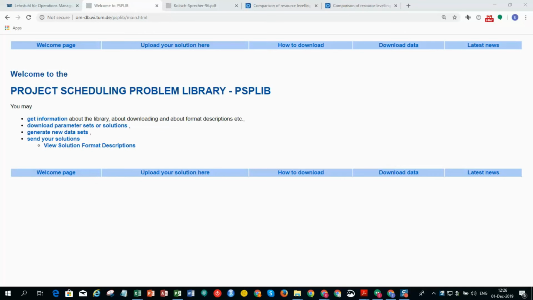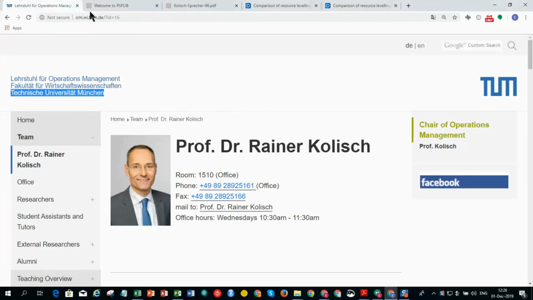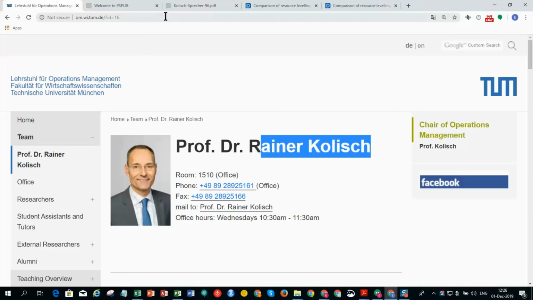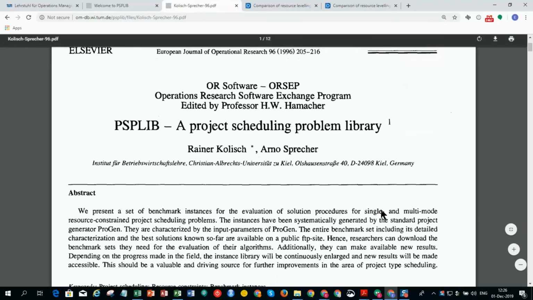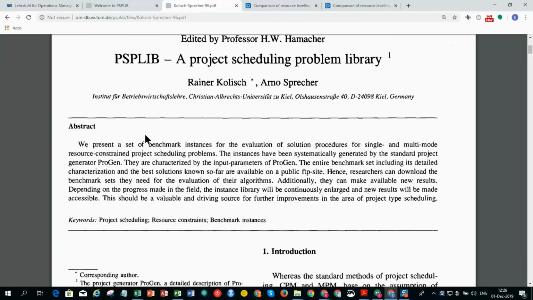The solution is called Project Scheduling Problem Library. It is published by the Technical University of Munich by Professor Rainer Kolisch. And its purpose is exactly what we are looking for. It's a set of benchmark instances for evaluation of resource leveling algorithms.